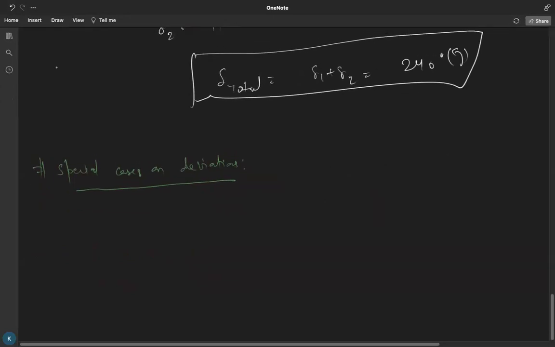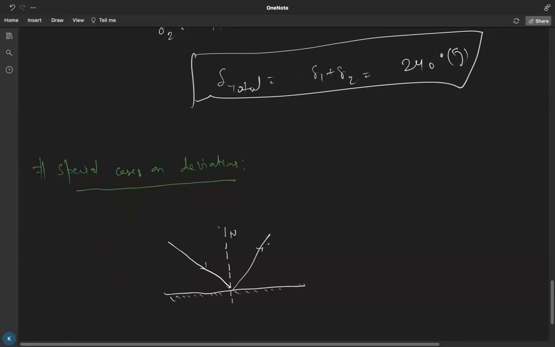What I'm going to take here is a plane mirror, and this is our normal. This is our incident ray of light, and this is our reflected ray of light, right?